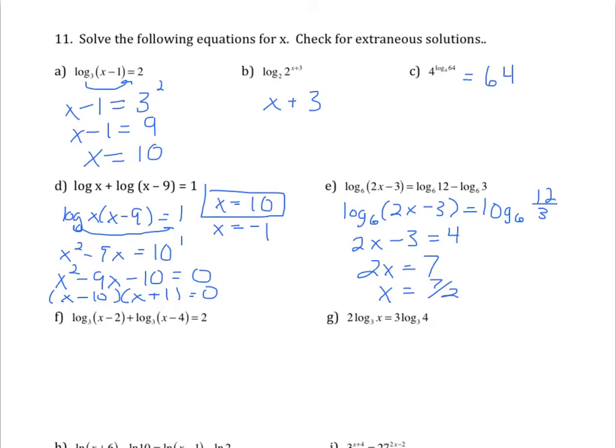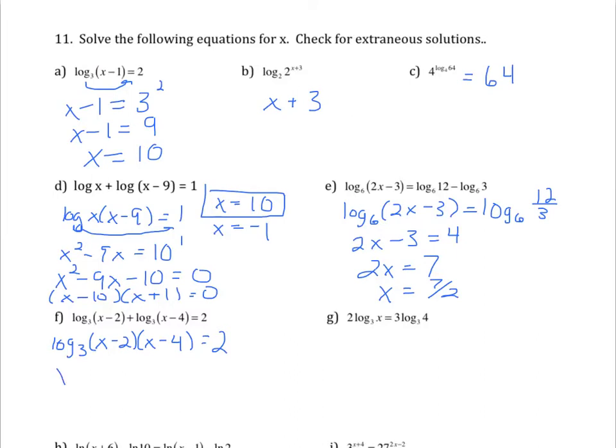For F, again, we're going to condense. So we're going to have log base 3 of x minus 2 times x minus 4 equals 2. And then we are going to rotate the 3 around and get rid of the log and FOIL out our x minus 2 and x minus 4.